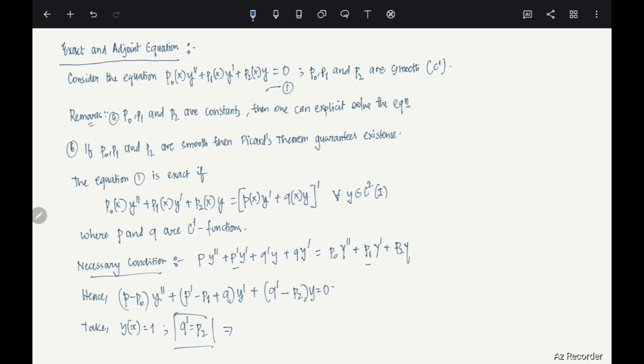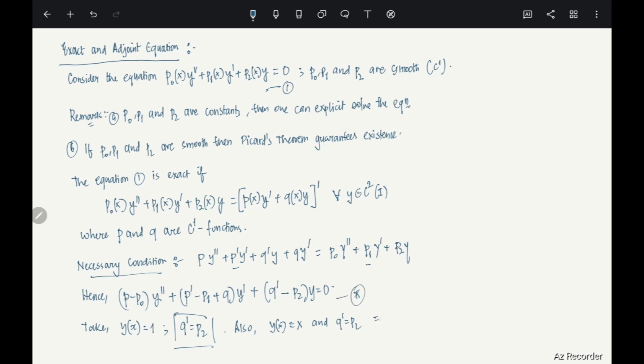Now also, if you take, let's say, y of x to be x, and q prime equals p2, this is already given, right? The choice of p and q is on us. So if we choose q prime equals p2 and y of x equals x, then this expression, the star, should also hold.